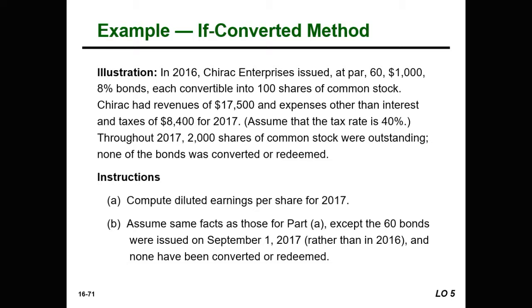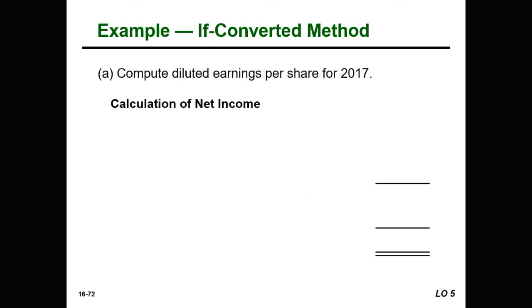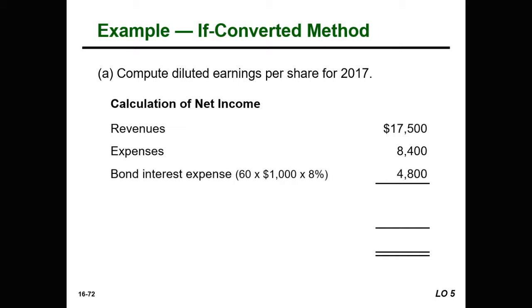So for the first one, let's start with net income. So we had revenues of $17,500 and expenses of $8,400. There was bond interest expense, 60 times 1,000 times 8% of $4,800.